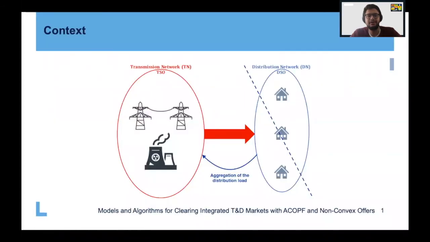As you may know, historically, the transmission system is operated by the TSO, and this is where the power is generated. And the distribution system is consuming power through households. And the way we cleared the market in the past was that we aggregated the distribution load and cleared the market at the transmission level.